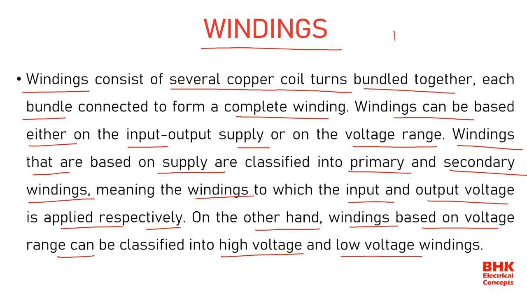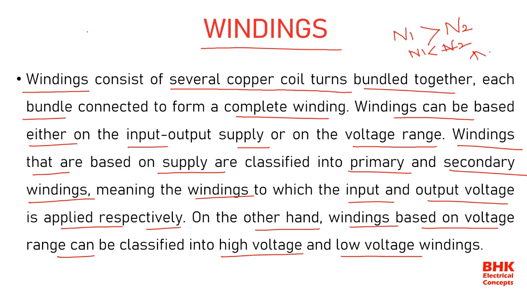For example, the number of turns in the primary is N1 and in the secondary is N2. If the primary turns are greater than the secondary turns, we call it a step down transformer. If N1 is less than N2, we call it a step up transformer. So depending upon the winding, we classify the type of transformer.